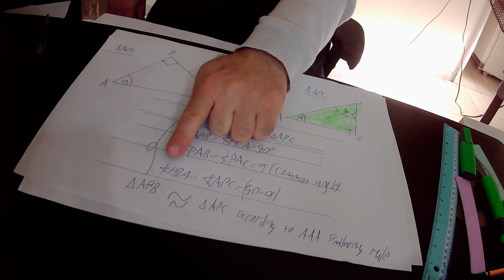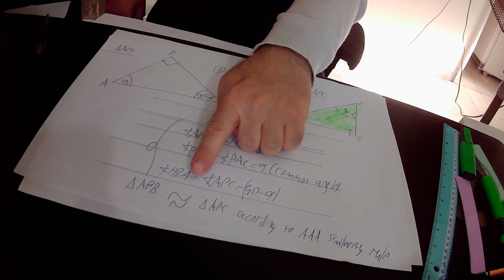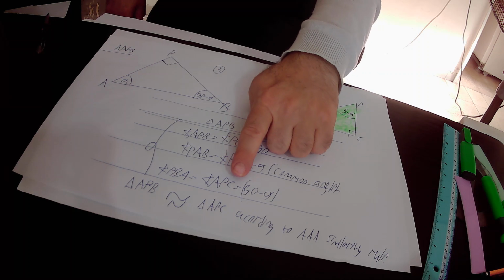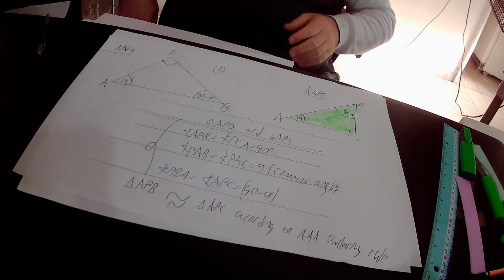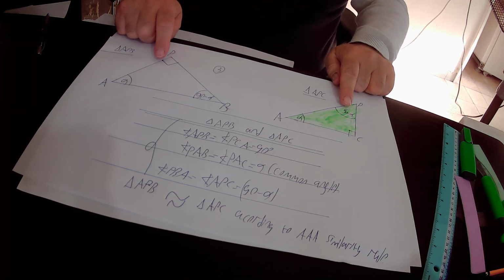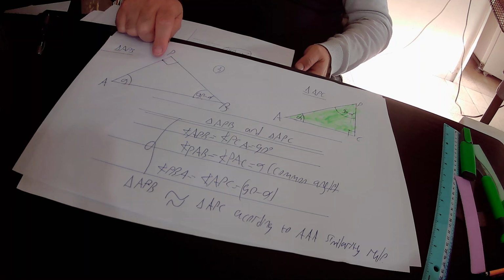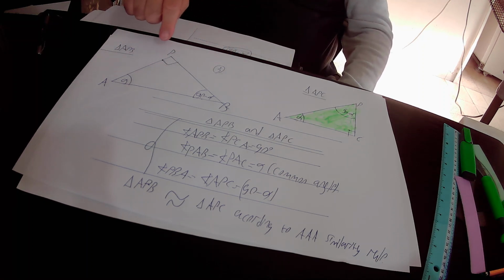The right triangle APB is similar, this is the sign of similar, to the green triangle APC according to the angle similarity rule. And from the fact that those two right triangles are similar to each other, we derive that the following relationship exists between their sides.